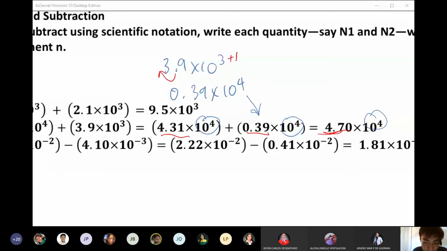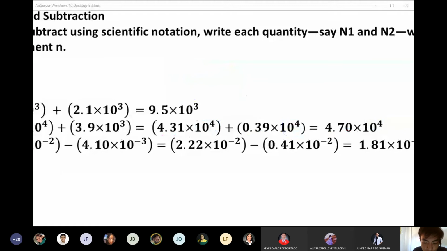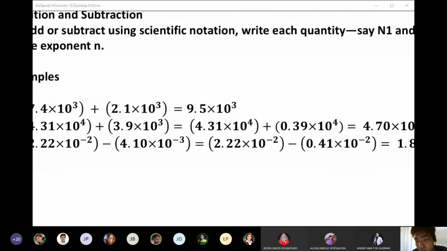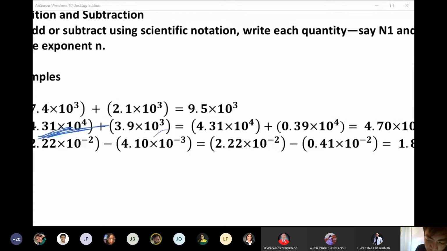Okay. Sir, paano kung gusto ko times 10 raised to 3, yung parehas? Sige, pakita natin. So, if you want your exponent to be 3, we will adjust this number instead of this. I will show you that it will still yield the same answer.